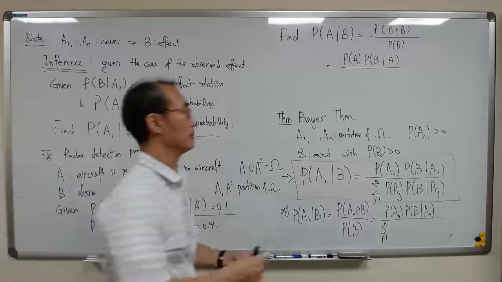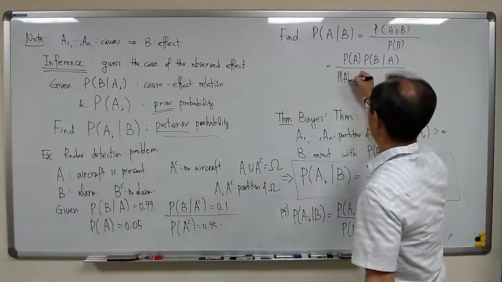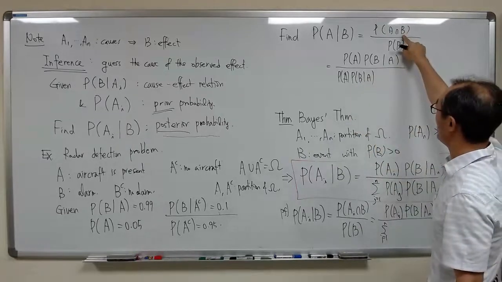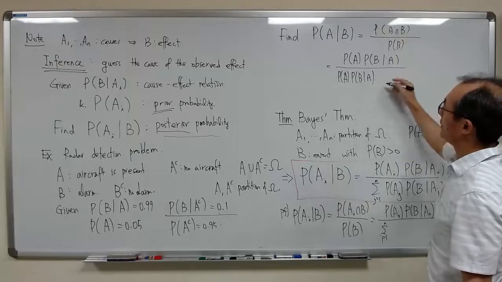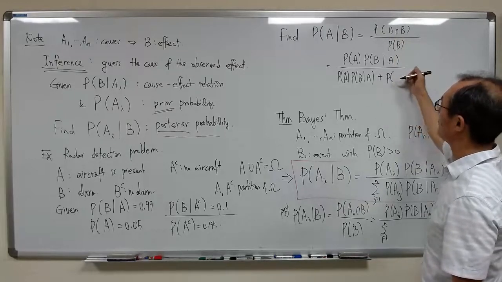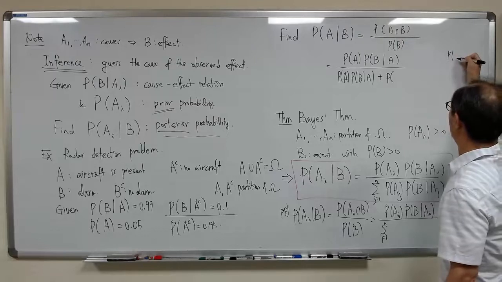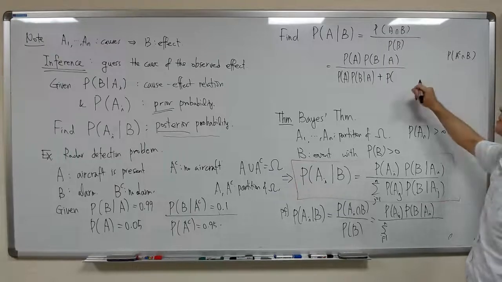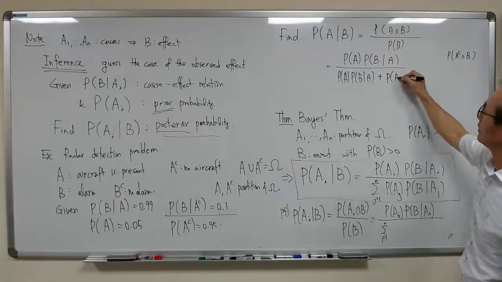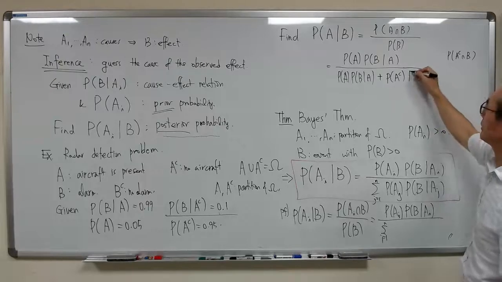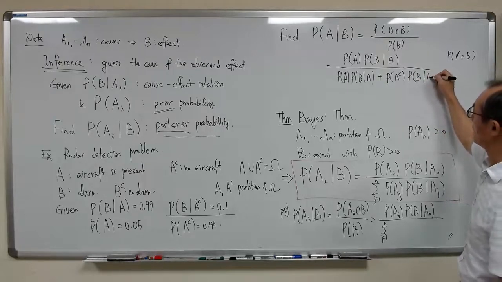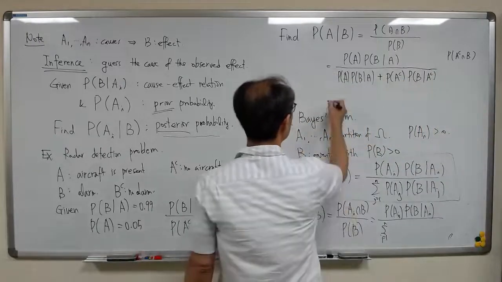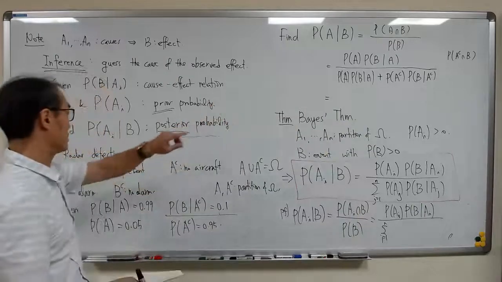The probability of B should be written using the total probability: the probability of B in intersection with A, plus the probability of A complement with B. This can be obtained by the probability of A complement multiplied by the probability of B given A complement. Right? This is basic.